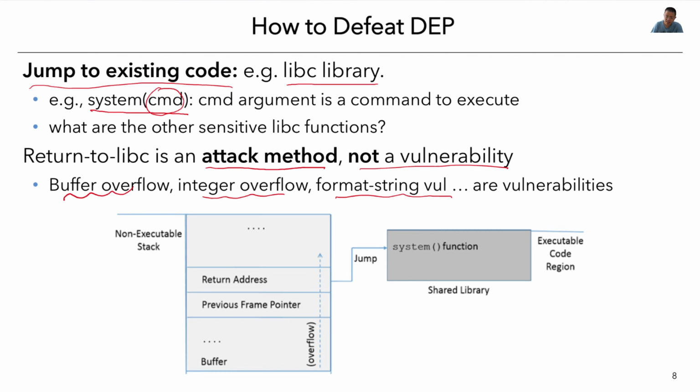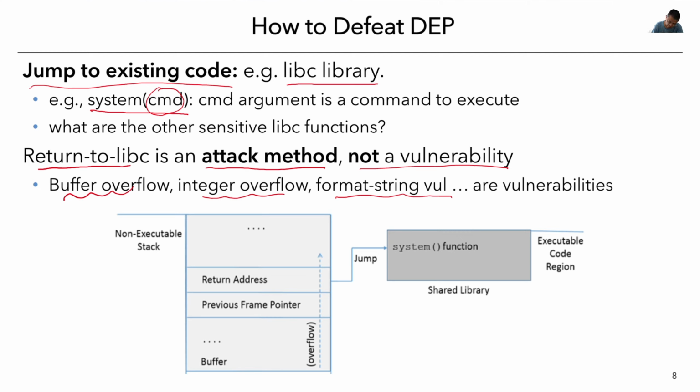It's a way to exploit those vulnerabilities, not a vulnerability itself. So you must have an existing vulnerability in order to use the Ret-to-libc attack. It basically means that you are going to reuse an existing function to attack some vulnerability.